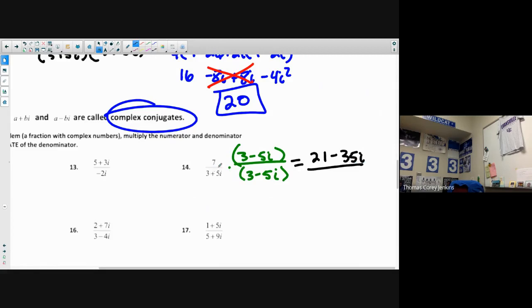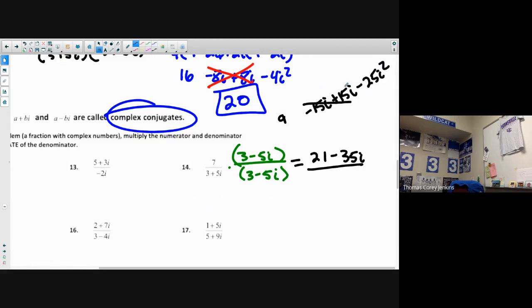I'll go ahead and show it, but we'd have, 3 times 3 would be 9. 3 times minus 5i would be minus 15i. 5i times 3 would be plus 15i. And then 5i times minus 5i would be minus 25i squared.